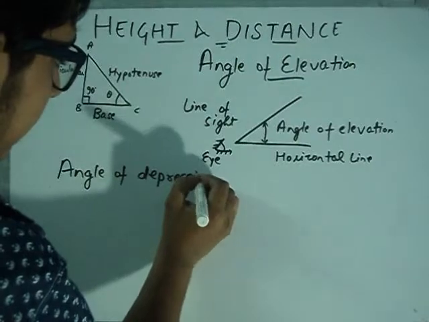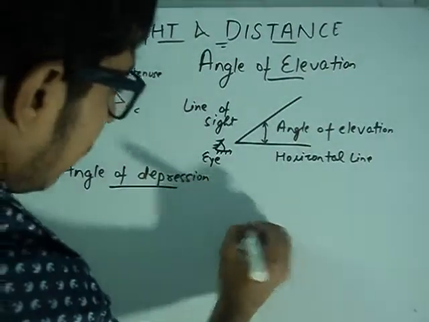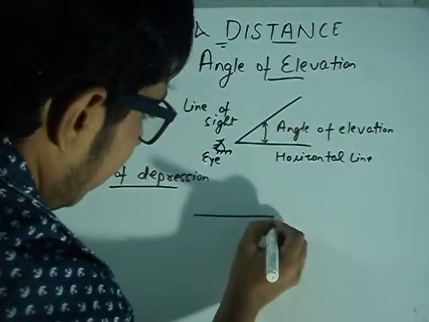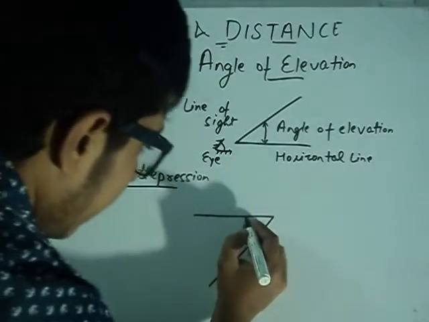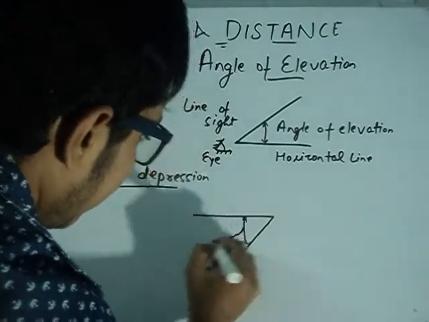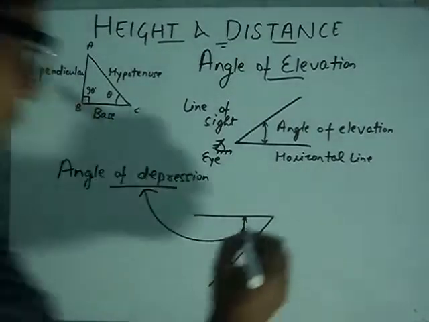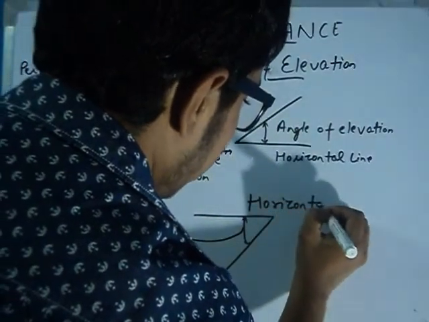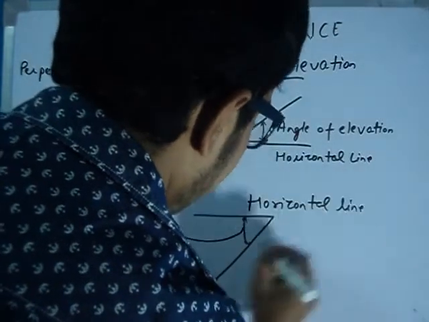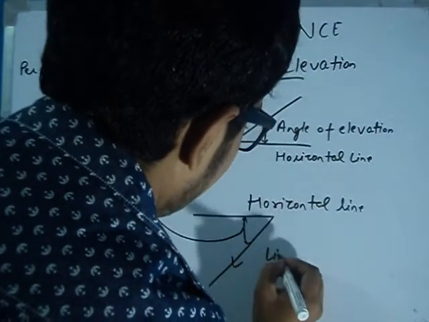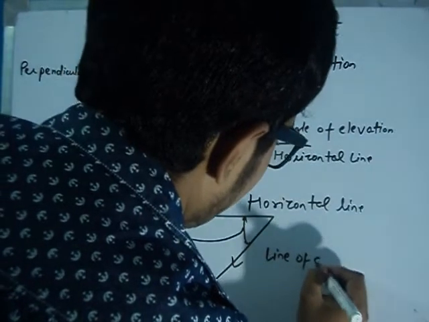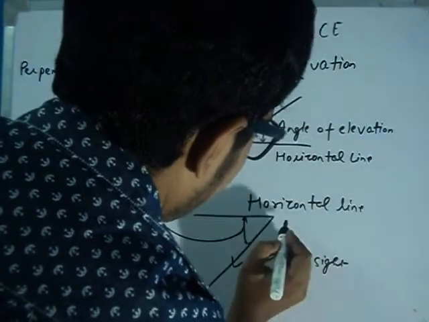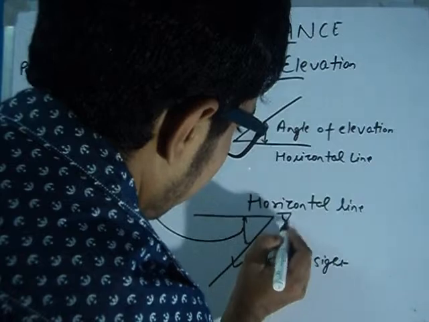In this case the person is looking downward. We have a horizontal line, this is our line of sight, and this is our angle of depression. We have an eye here.